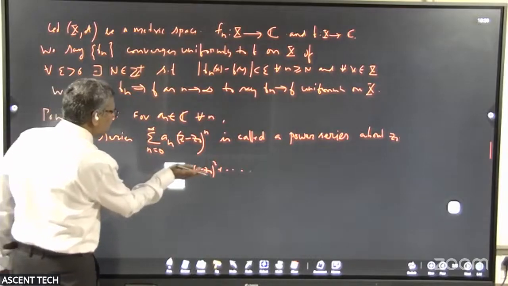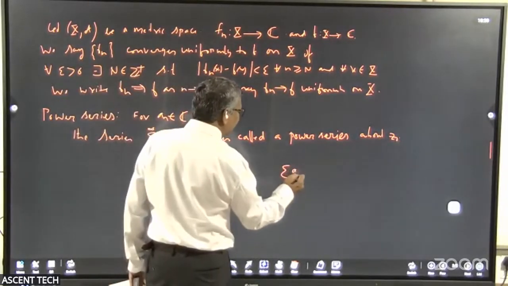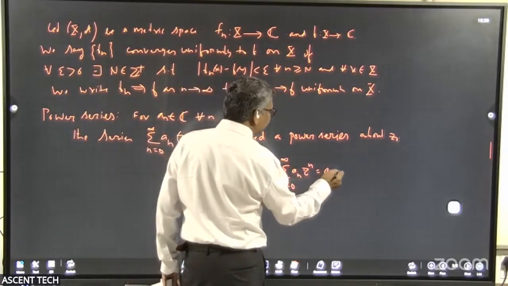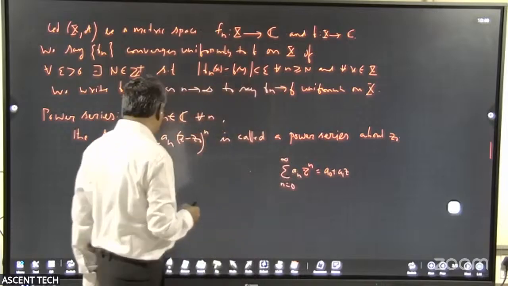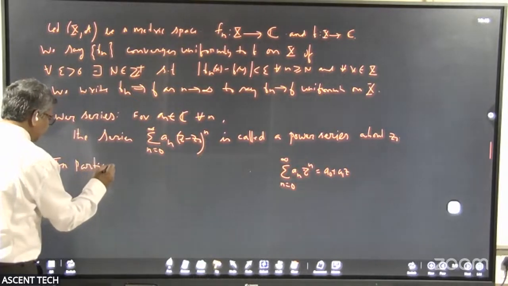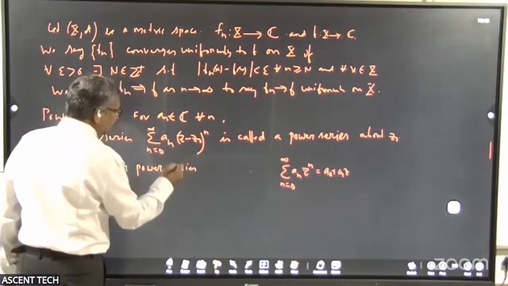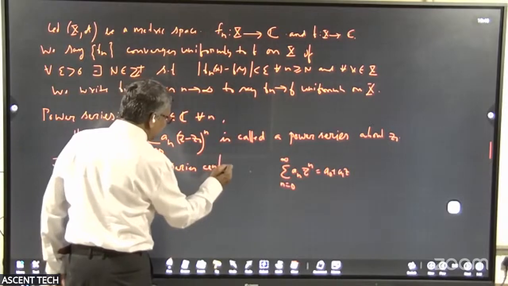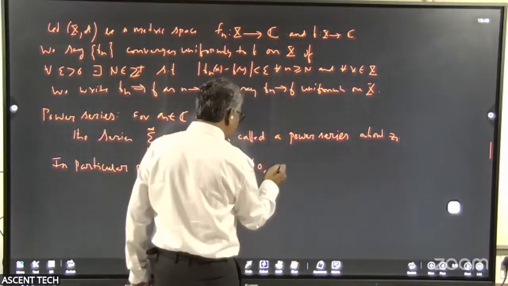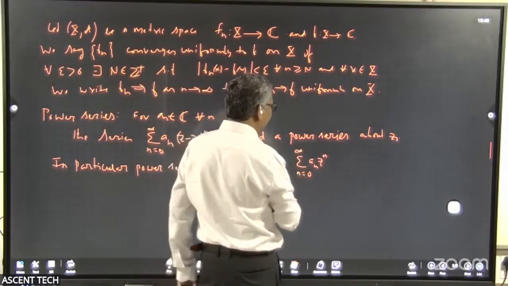In particular, a power series centered at 0 looks like the sum over n equal to 0 of An z to the n.